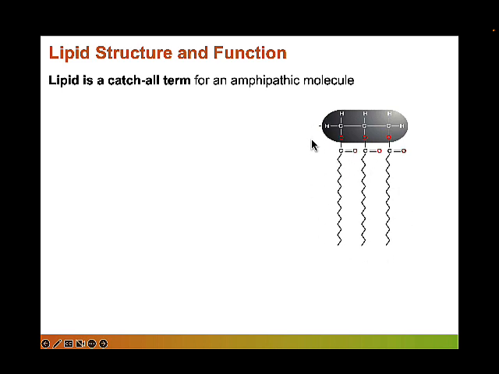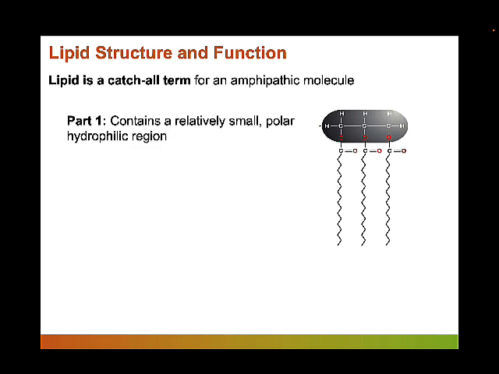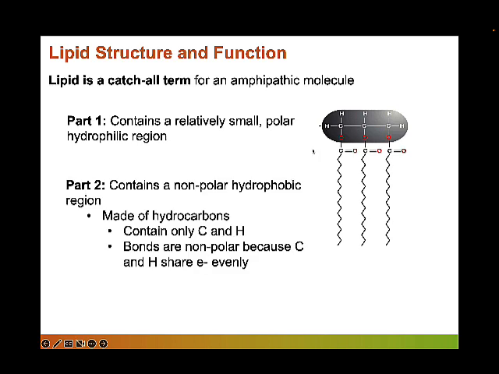So this lipid is a triglyceride, which we'll talk about in a little bit. But what an amphipathic molecule has is a relatively small polar hydrophilic region. So you can see there are carbon-oxygen bonds here, and these are polar covalent bonds, and that makes this part of the molecule attract water.